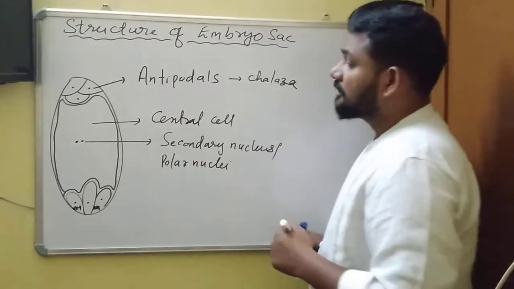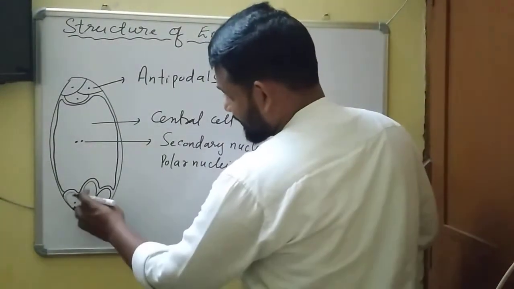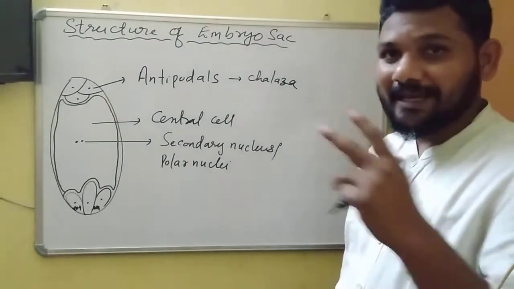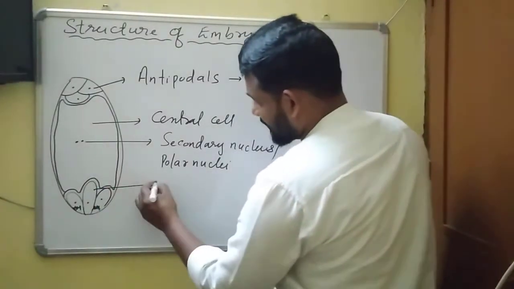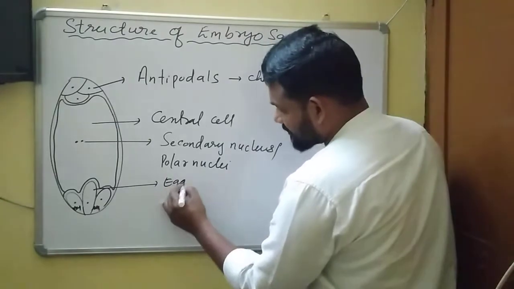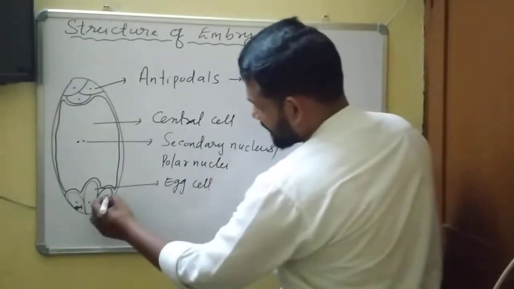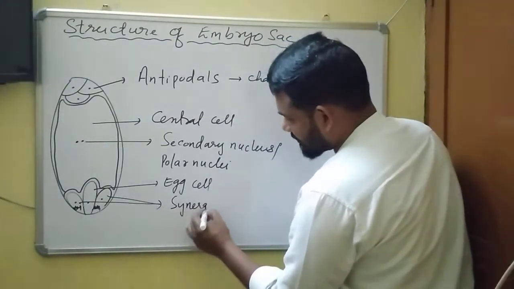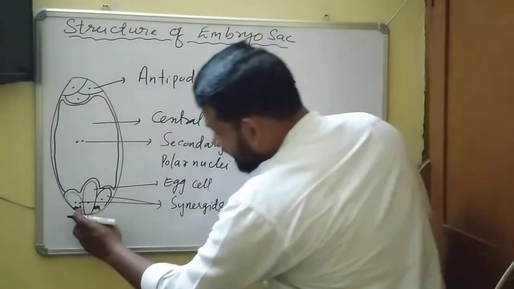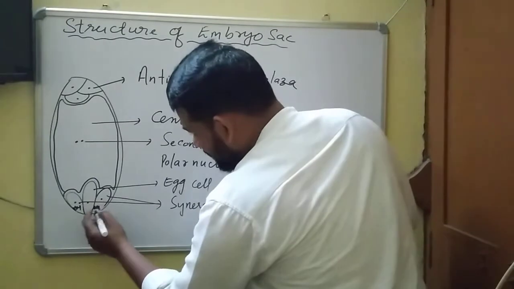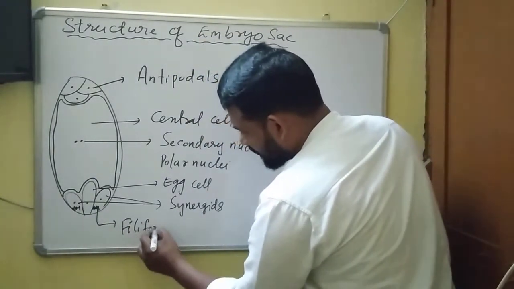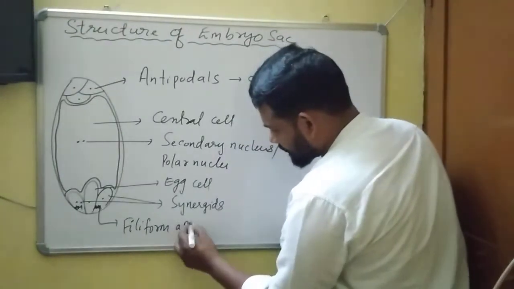And towards the micropyle, there are three cells present. The three cells are called the egg apparatus. The egg apparatus in turn has one large cell called the egg cell, and the remaining two cells are called synergids. These synergids have special cellular thickenings, called the filiform apparatus.